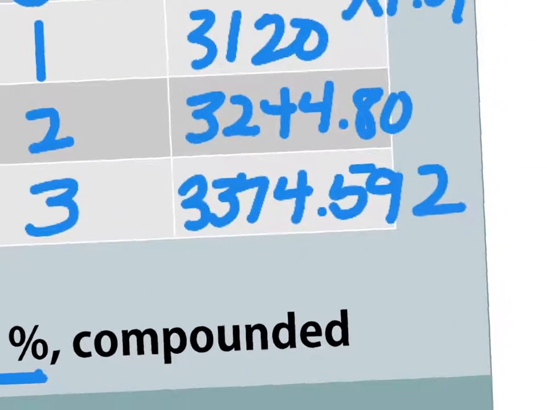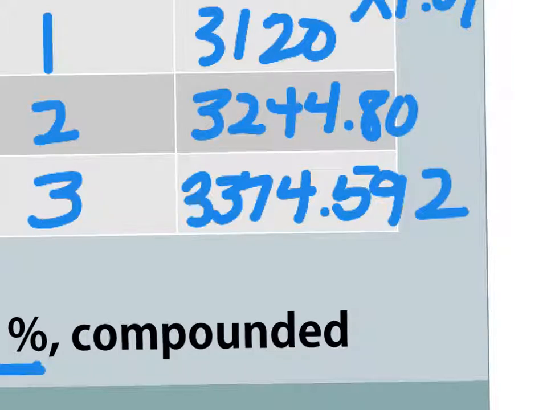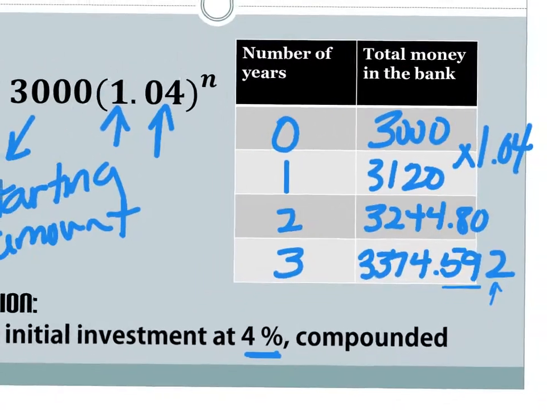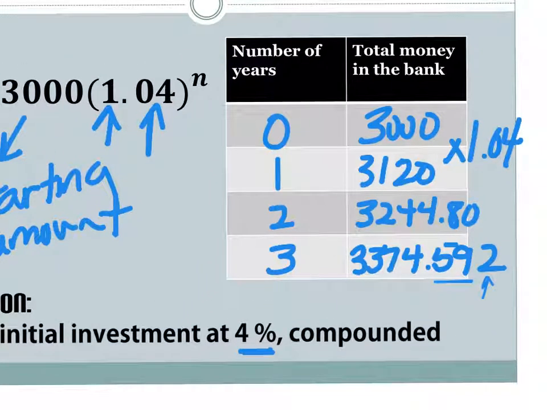So looking at that, here's where the money stops, right there, and there's not enough there for us to round up, so it'd be 3374.59. So I can go ahead and write it as 3374.59, and the machine will not let me do that, so I'm gonna just cross it off with my pen.